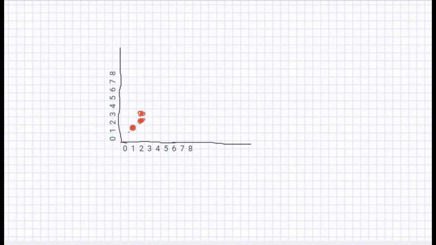And then the next point is 3, 4. And the next point is 4, 5. And next 4, 6. And the next one is 5, 7.